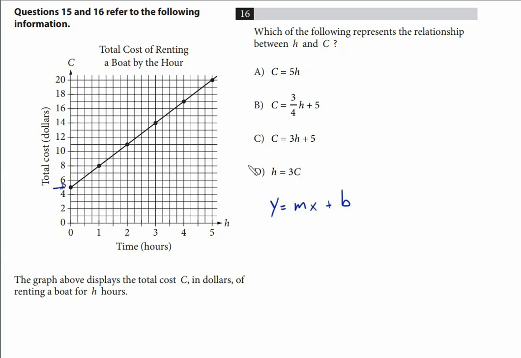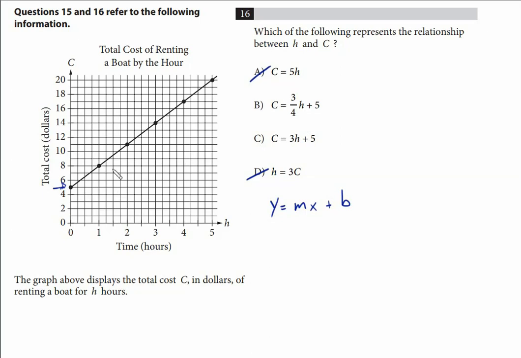So as we can see, the intercept here is 5, so we can immediately eliminate options A and D. Now be very careful, because of the two remaining choices, B and C, we have either a slope of 3/4 or a slope of 3.